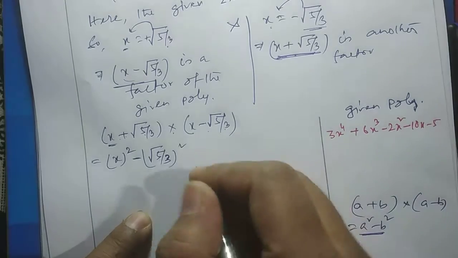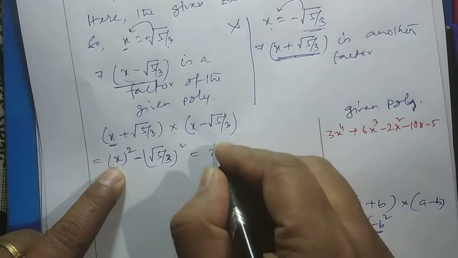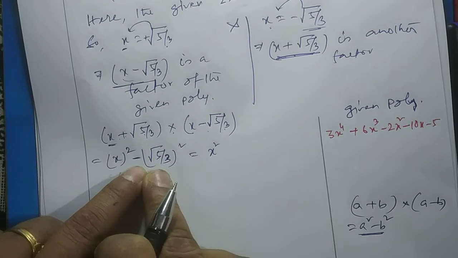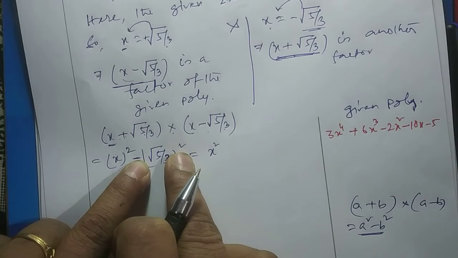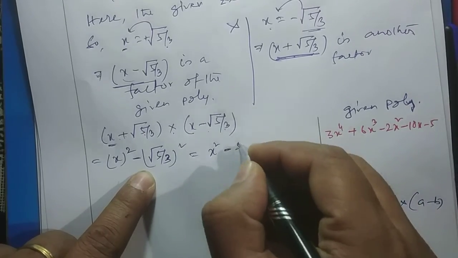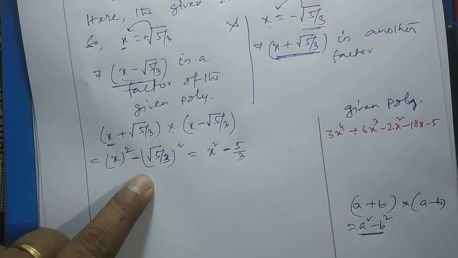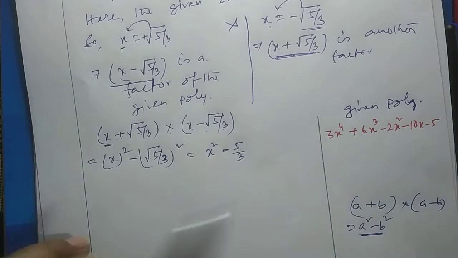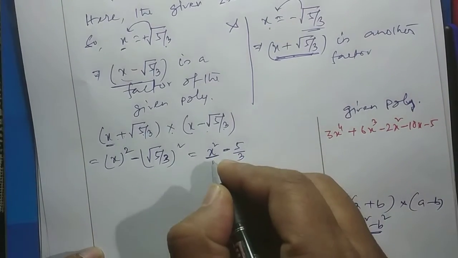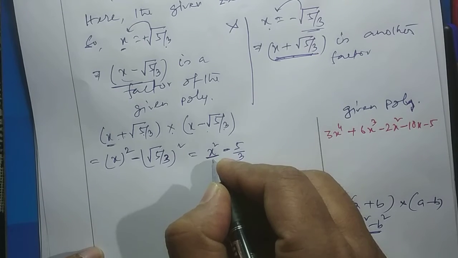Correct? Now it will become x square. Now look here. It is the square root, at the same time it is the square. So ultimately this square root will be removed. It will become simply 5 by 3. Correct? Now here nothing is there below, means 1 is there.